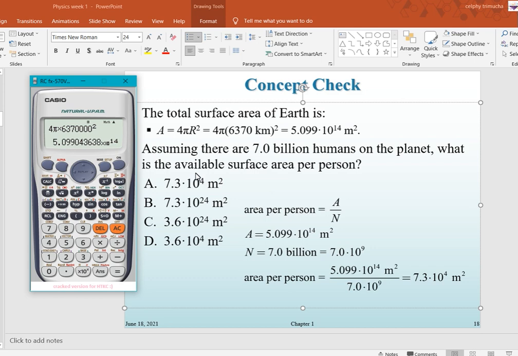So assuming there are 7 billion humans on the planet, what is the available surface area per person? We divide the area by 7 billion.